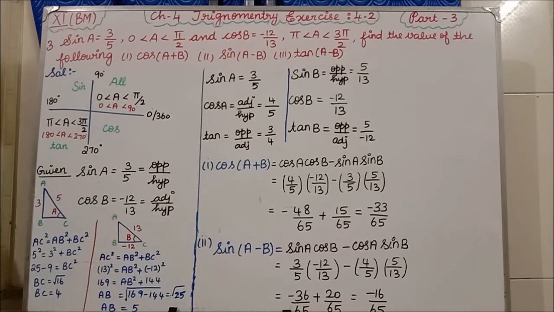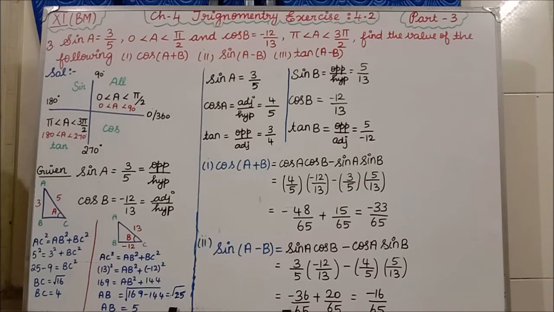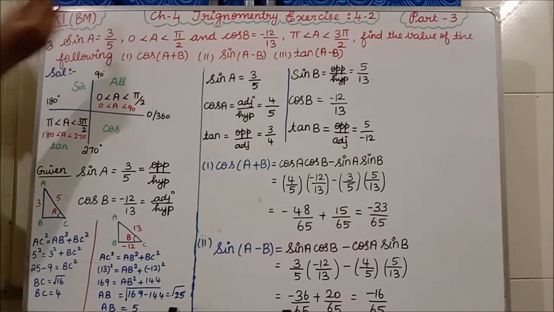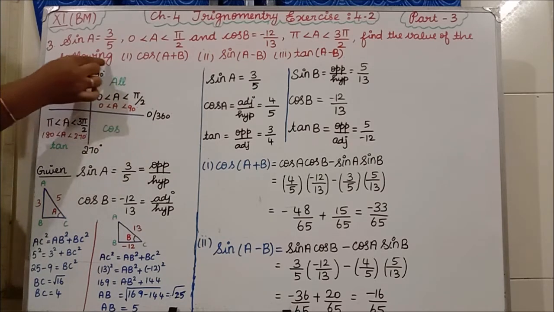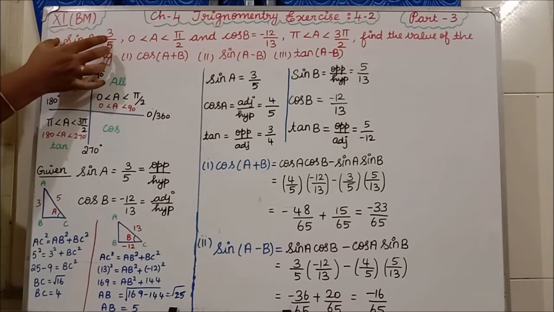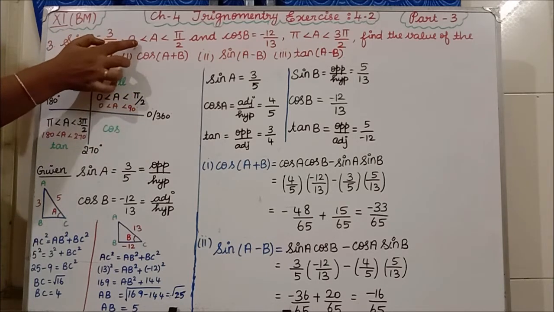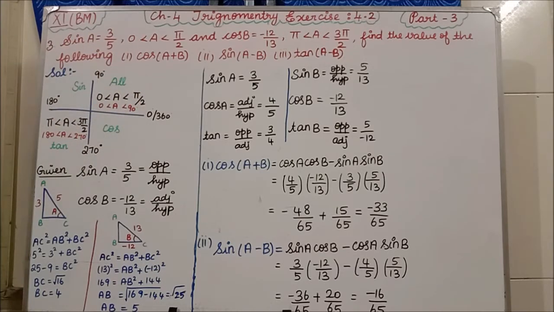See the question. Sin A equal to 3 by 5 is given and the angle varies from 0 to pi by 2. 0 to pi by 2 means what? 0 degree to 90 degree. Pi means 180, and 180 divided by 2 gives 90 degree. So sin A is lying in which quadrant? In the first quadrant, because they have given 0 to pi by 2, which means 0 to 90 degree.